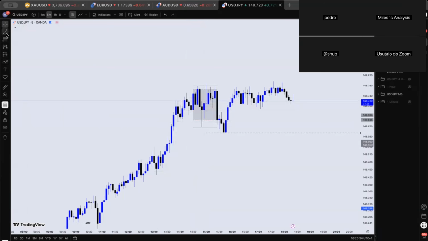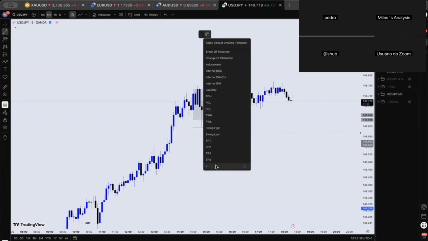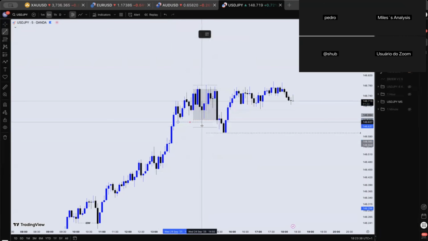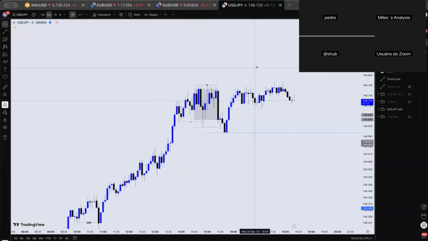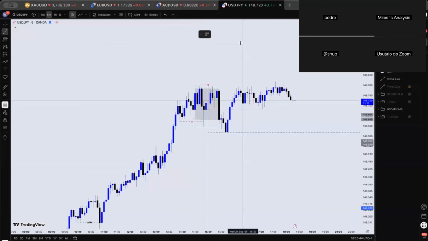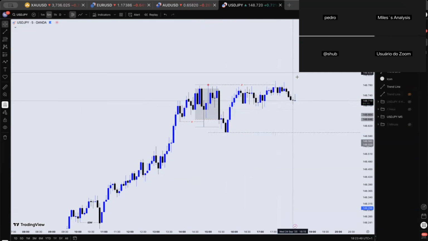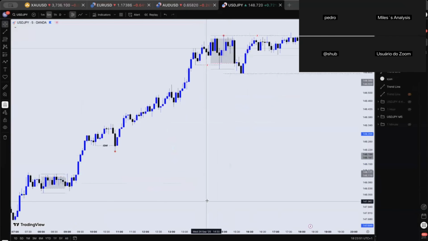to this zone here after a new inducement was taken out. This was our new valid higher high, which just got liquidated here, meaning we could see price going bearish right now, targeting maybe this extreme order block on the 5 minutes time frame.